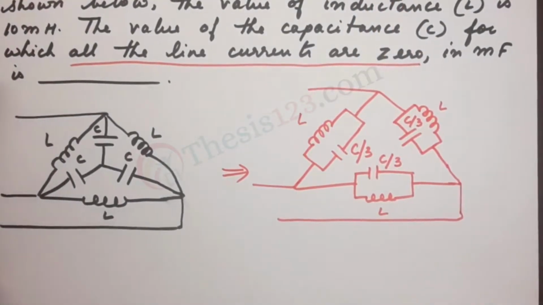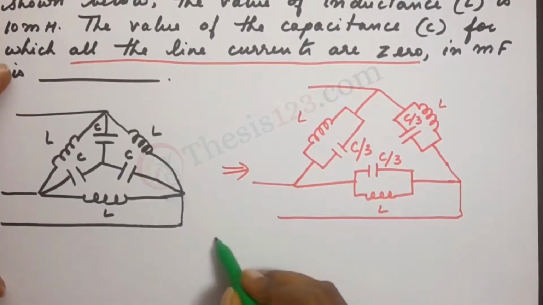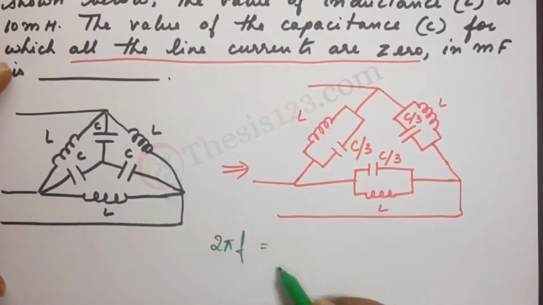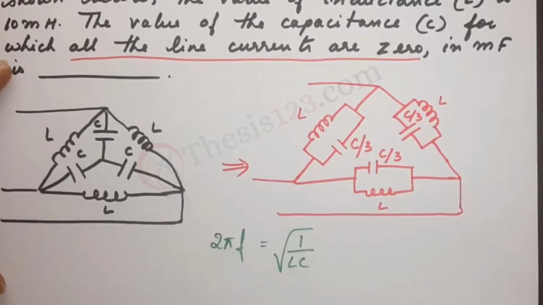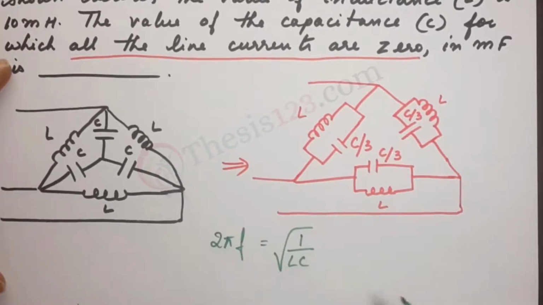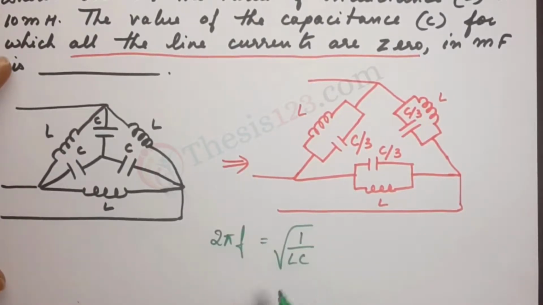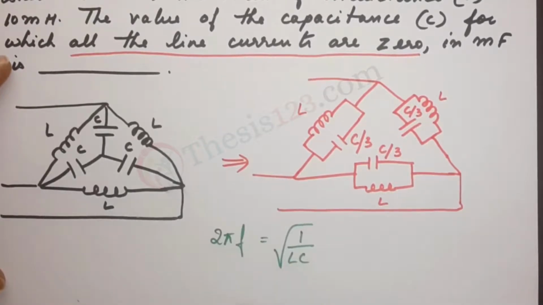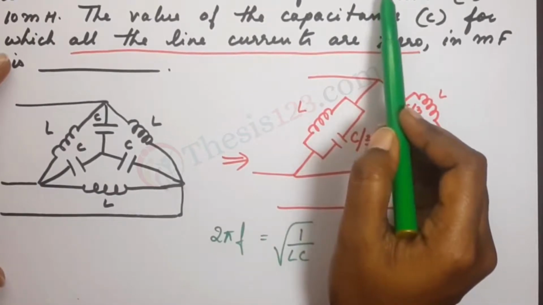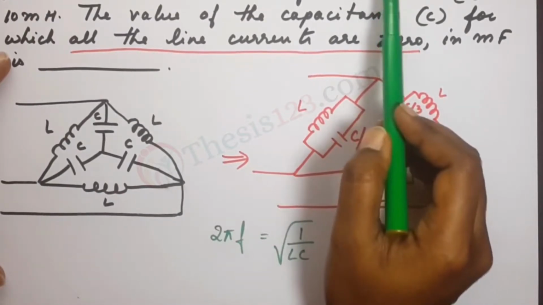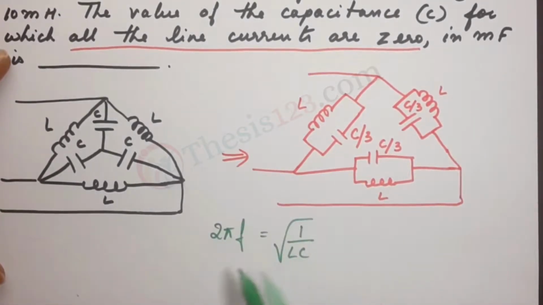So that means that we can use the relation 2 pi f is equal to 1 by root LC. This is going to be our relation when the circuit resonates at f is equal to 50 Hz. So it is resonant at 50 Hz.